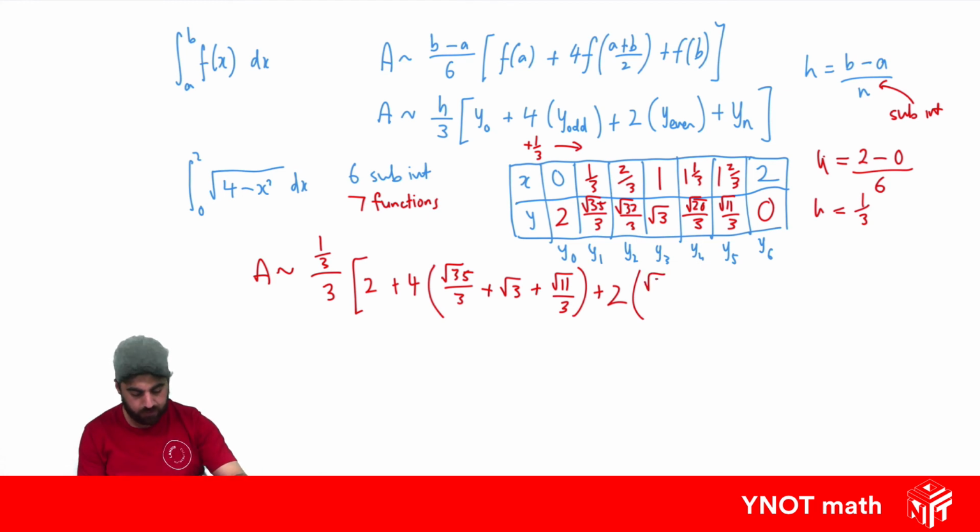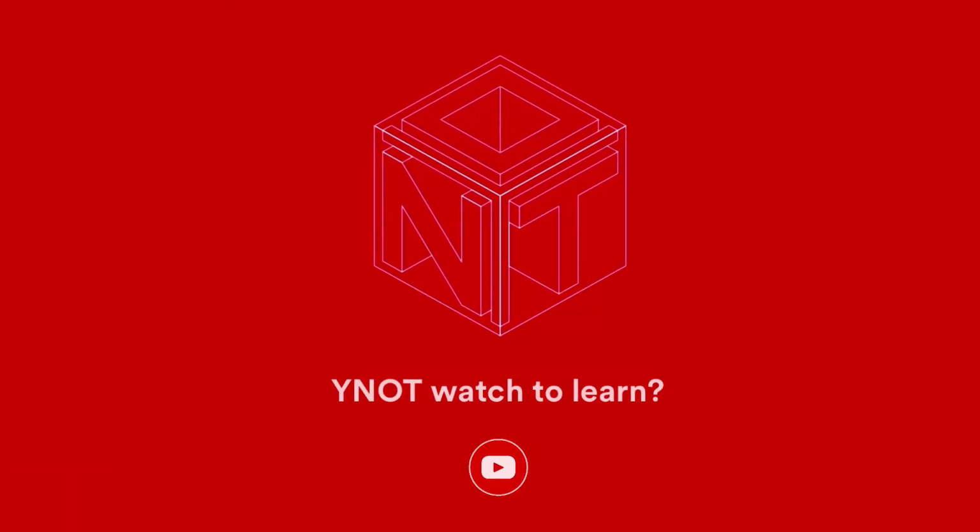So we get root 32 for y2 over 3 plus root 20 over 3 for y4, plus our last y value, which is just 0. And that can all go in the calculator. And we get the area is approximately equal to 3.11.